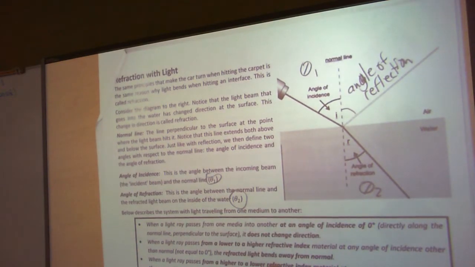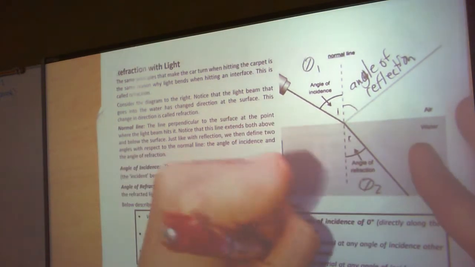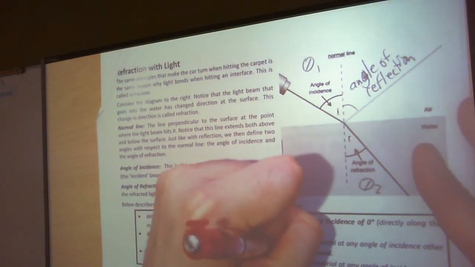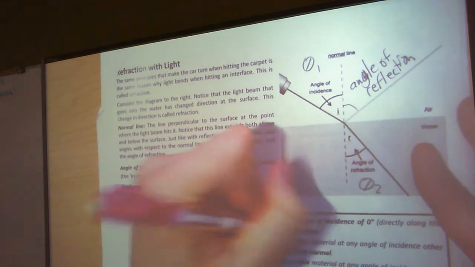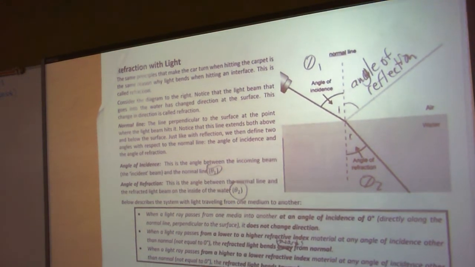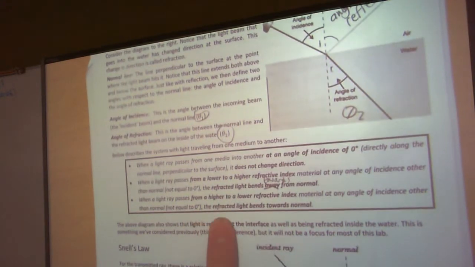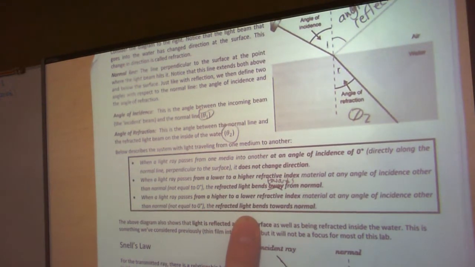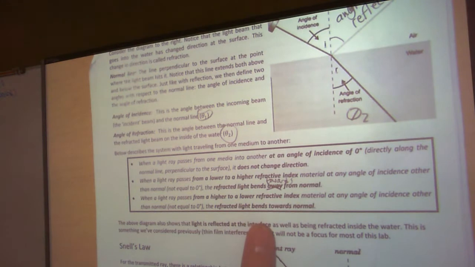It goes towards the normal. Okay, so it bends towards the normal, so change that. Towards normal. When light bends from higher to lower refractive index, does it bend towards or away? Away.